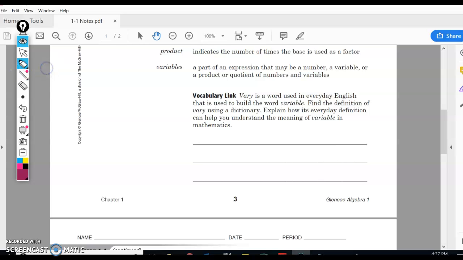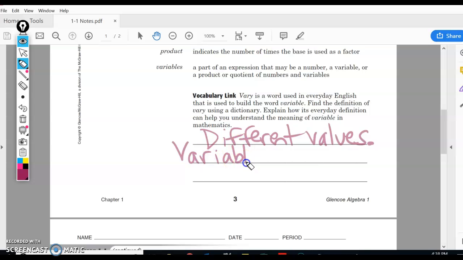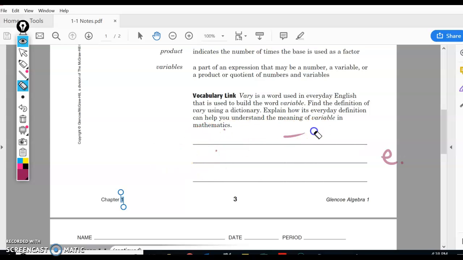What we're going to write down is it could be different values, and also variables can change. All coming from the word vary. All right, let's keep on moving down. Next page.